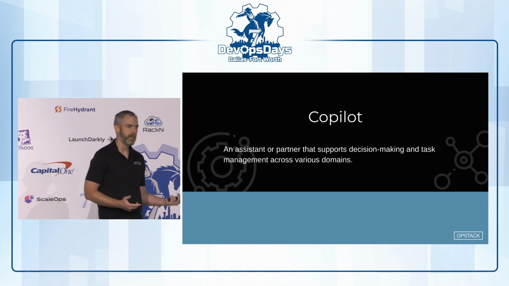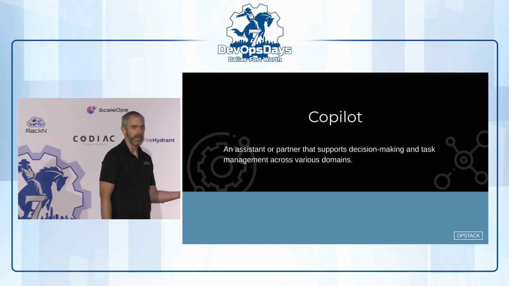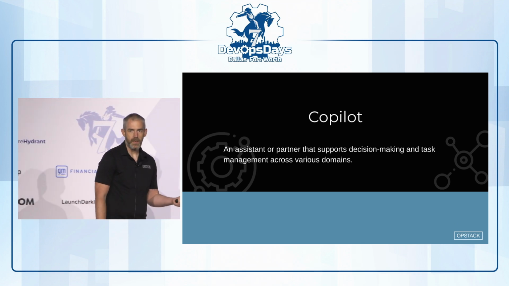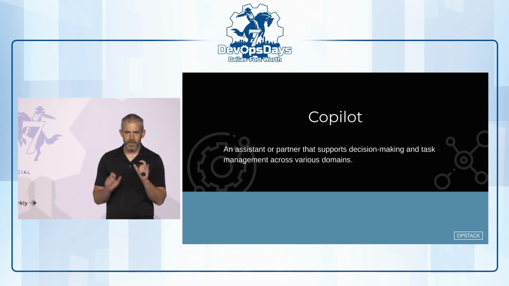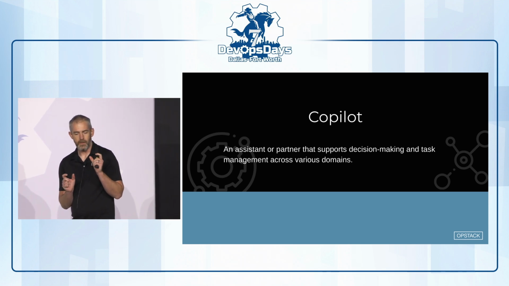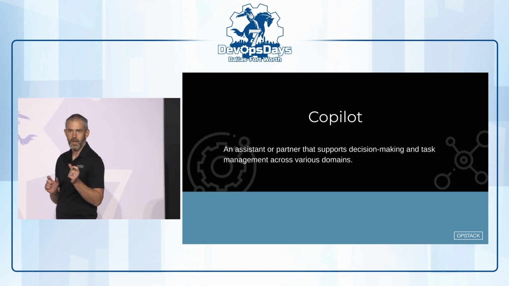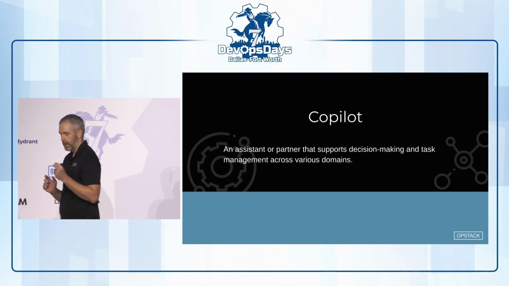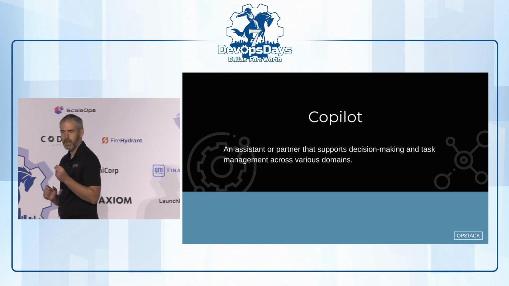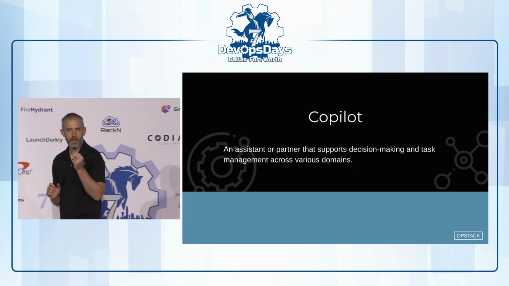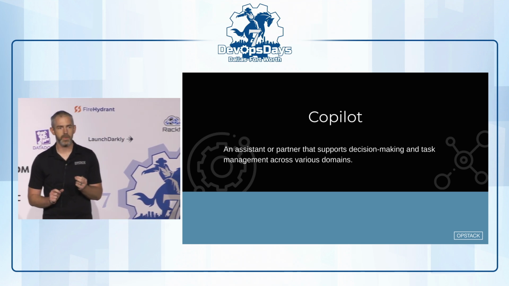A copilot is a qualified pilot that supports the captain in operating the aircraft. There are a few things I think that are interesting in that. The first is it's a qualified pilot. So a co-pilot isn't just a flight attendant. A co-pilot is not a mechanic. A co-pilot is a qualified pilot, so they're capable of flying the plane.